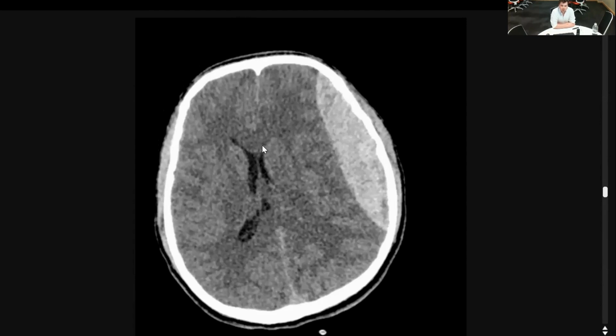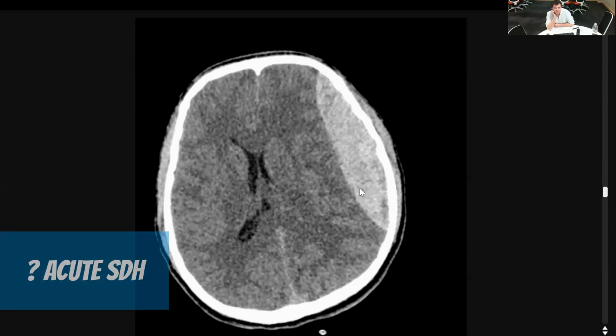Okay. I would measure it. I would draw a straight line down here and try and measure it. The high attenuation is likely to be blood. So this is an acute subdural hematoma.